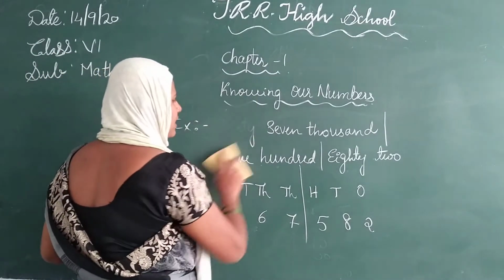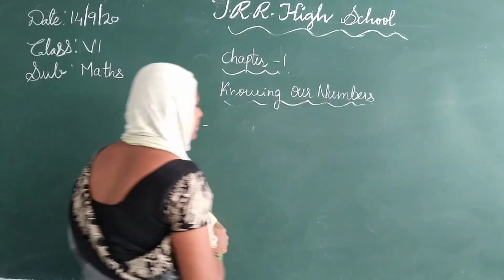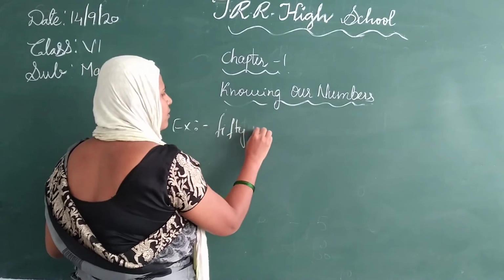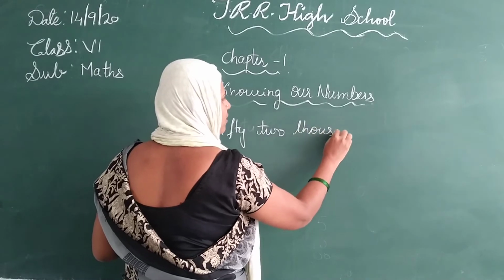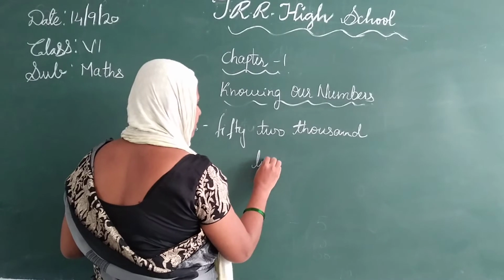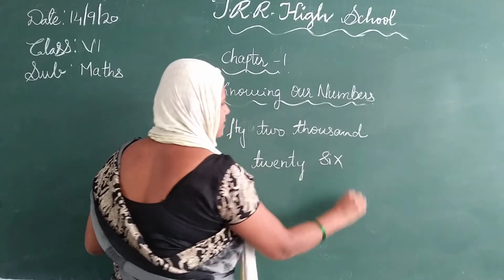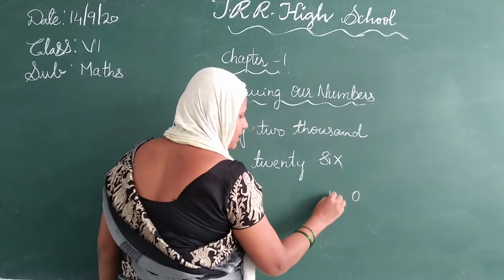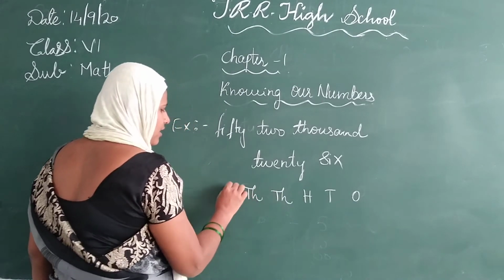We'll see one more example. 52,026. Ones, tens, hundreds, thousand and 10,000.